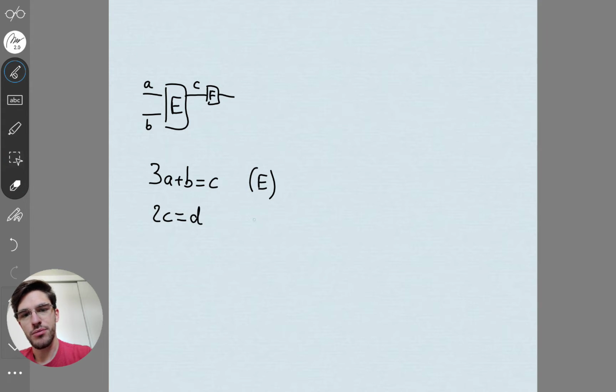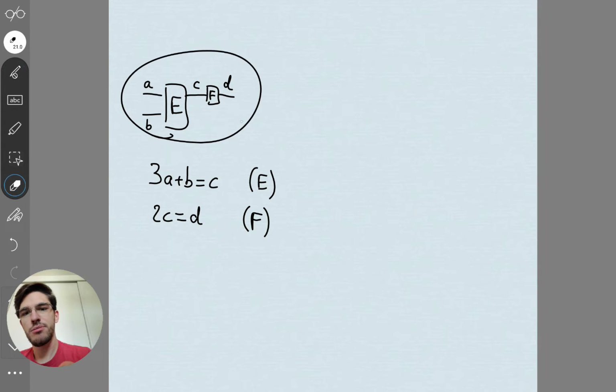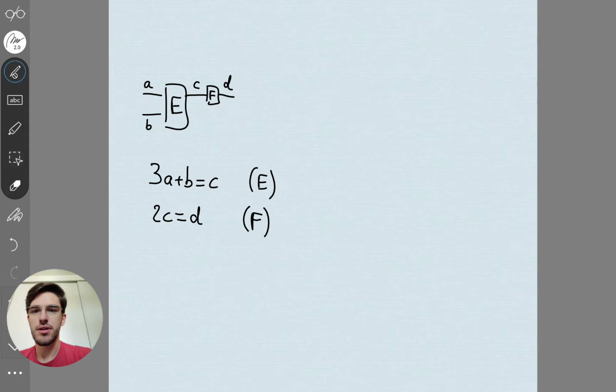I'm on purpose choosing the variables here so they make sense. So E is this, F is this, and we get a new bigger equation, which is E and F plugged together, that says that both of these things are true. And it's an equation that has three outside variables, A, B, and D.